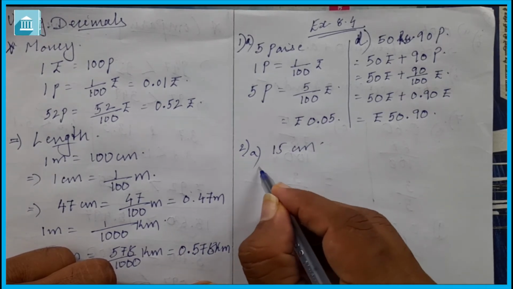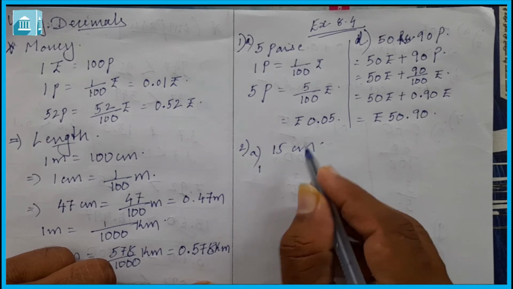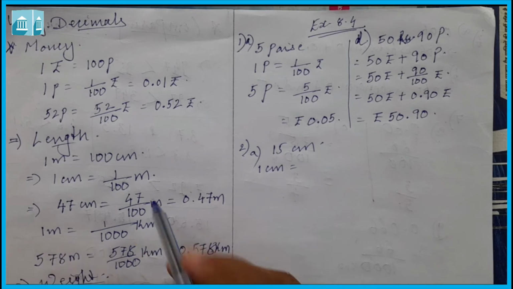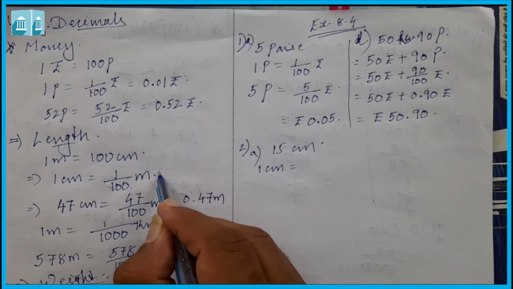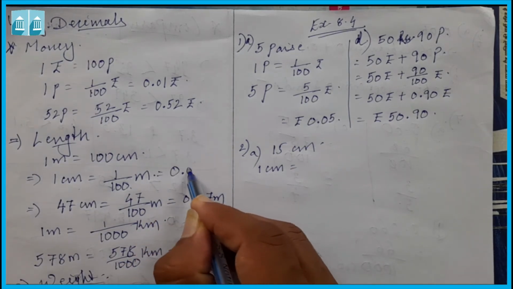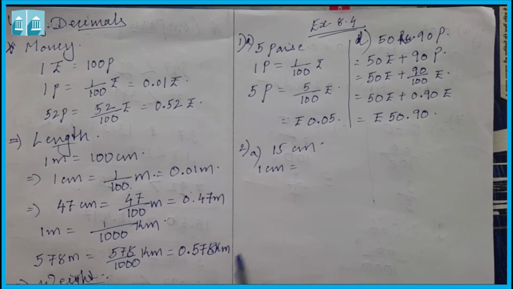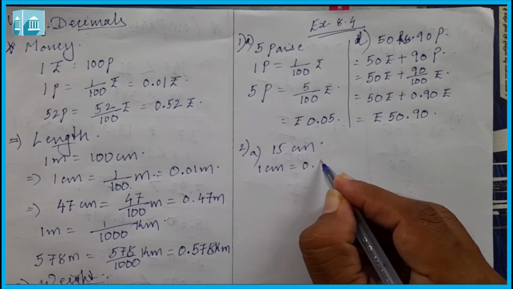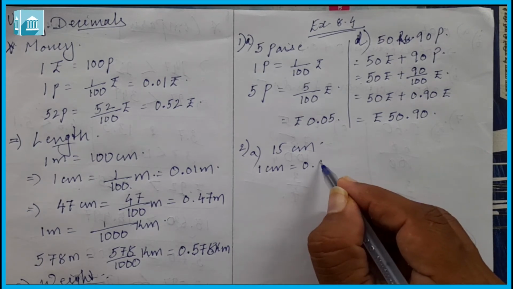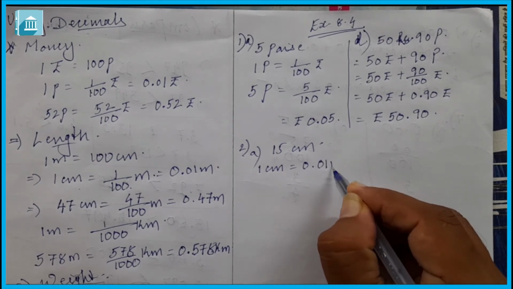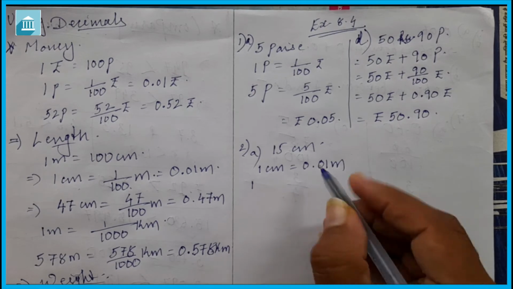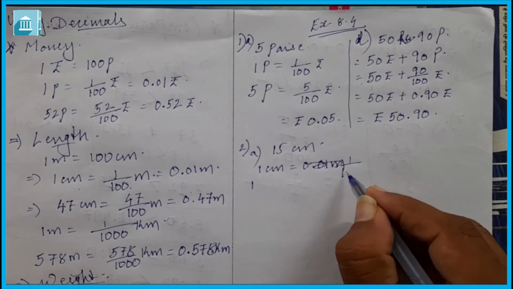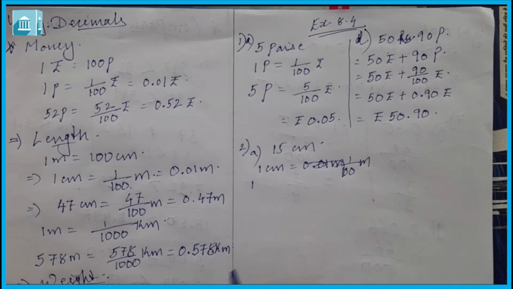So we know that 1 centimeter is equal to 0.01 meter, or you can say 1 centimeter is equal to 1 upon 100 meter.